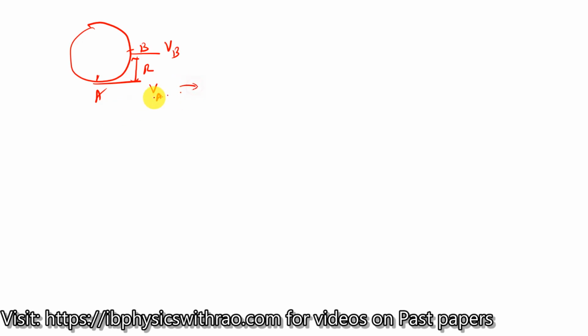What is the energy at this point for the particle? Let me use this as my origin. This should be half mva square. What is the energy at this point over here? Since it has come upwards, I can now say half mvb square plus mg multiplied by r, the potential energy. Now these two energies should be equal, right?